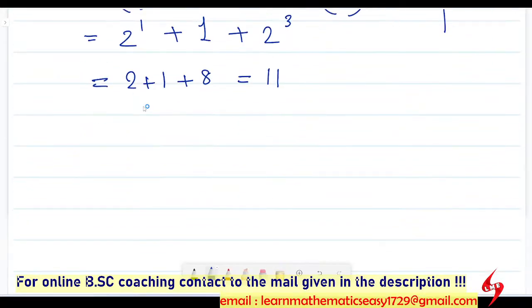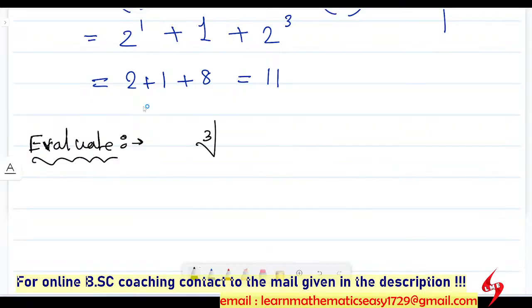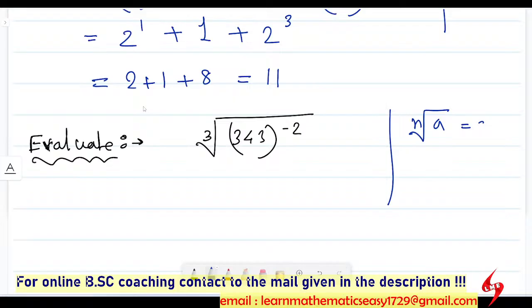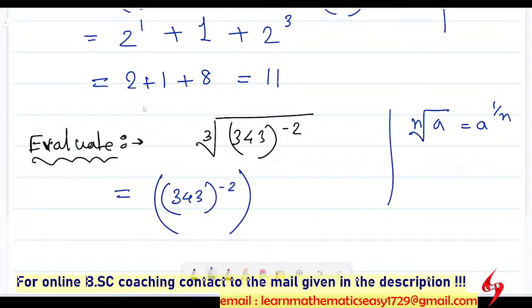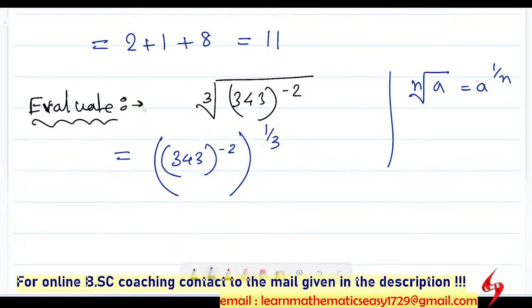Okay, next evaluate: cube root of 343 whole to the power minus 2. Here we all know that nth root of a means a to the power 1/n. So definitely that will be 343 to the power minus 2 of 1/3.